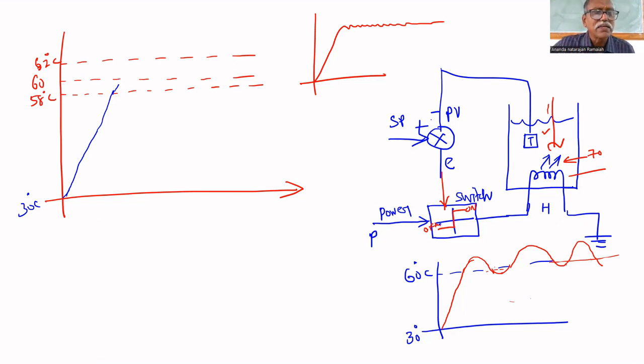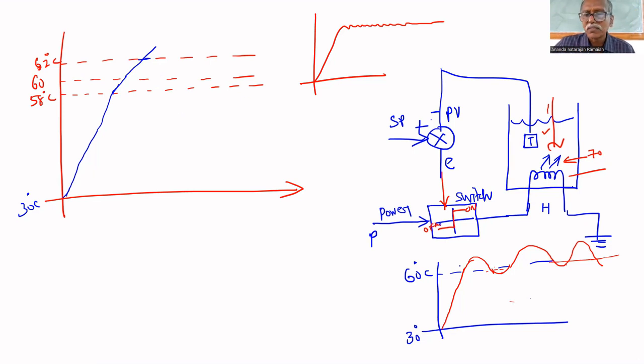It came inside, but it further increases because the heater is on. When it crosses 62, just at this point, it will be turned off. At 62 only it will be turned off.